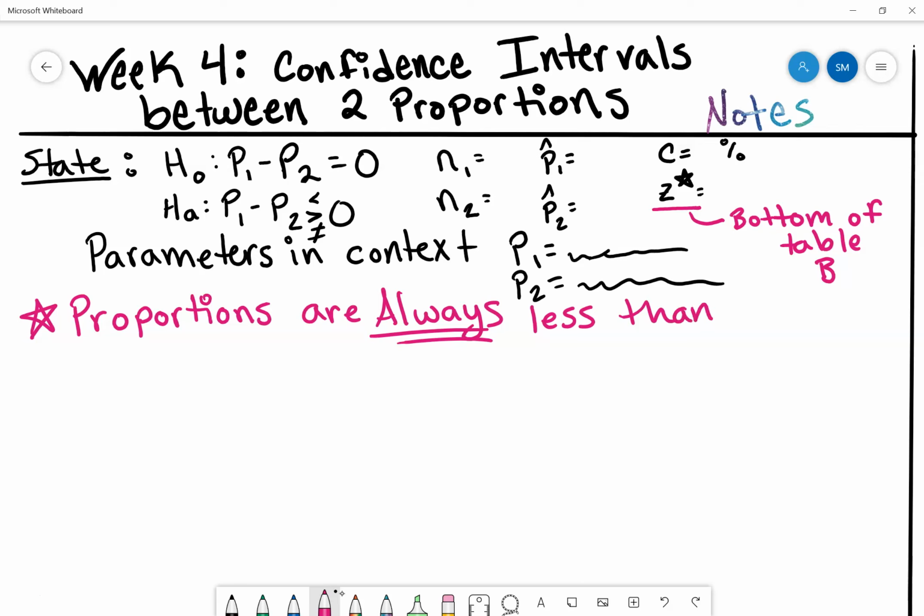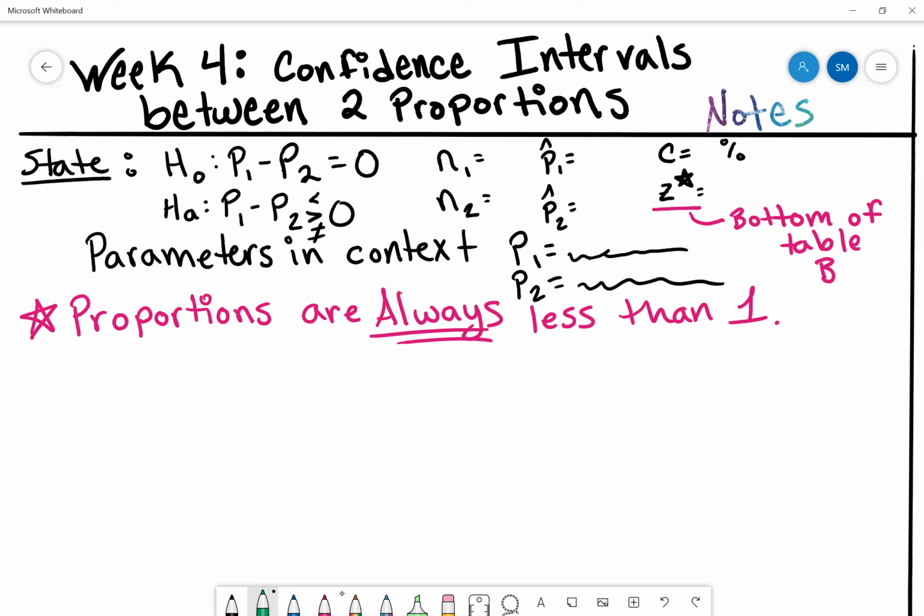If you don't believe me, look up the definition for a proportion. So your proportions are always going to be less than 1, always. If it is a number greater than 1, it is wrong. Now, means are the ones that can be greater than 1, but a proportion always needs to be less than 1. It is a proportion. It is part of a whole.